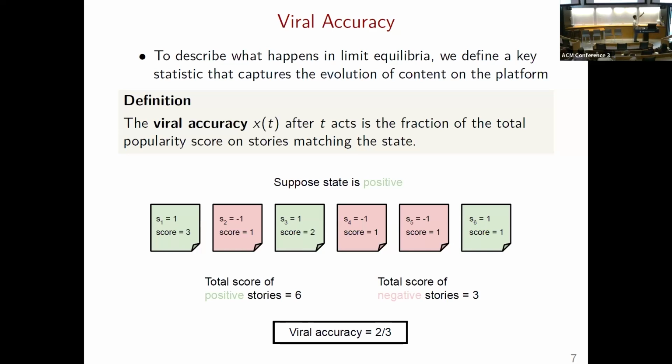Then the positive stories have a total popularity score of 6, they've been shared more. The negative stories have a total popularity score of 3, which means the viral accuracy is 2/3. And so in this case, people are mostly sharing, although not only sharing and posting, correct content. If the viral accuracy were less than 1/2, it would mean people are mostly sharing incorrect content.